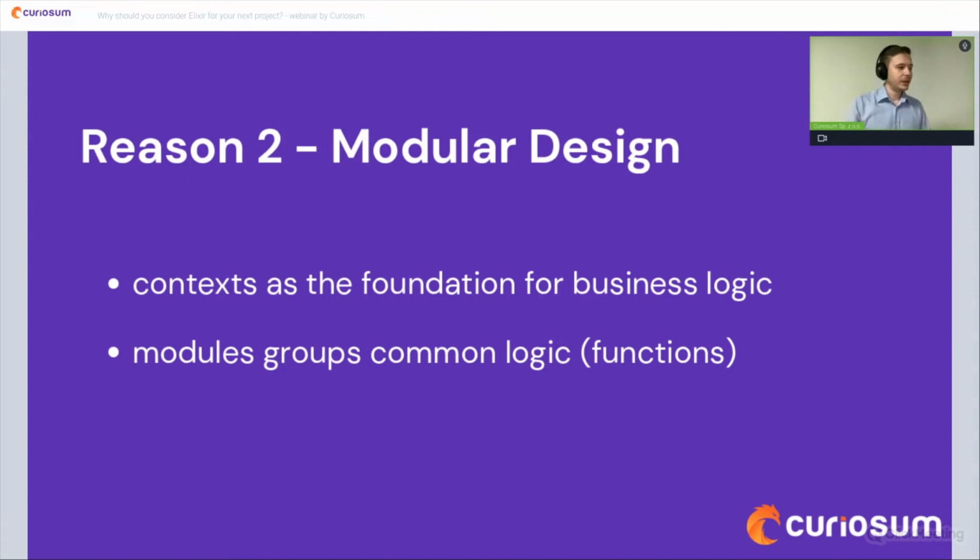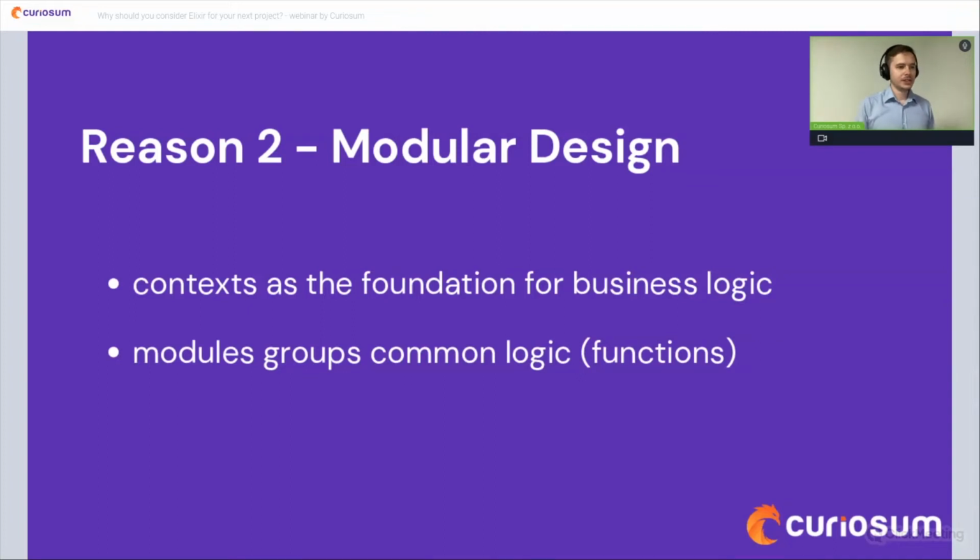Okay, and modular design. Elixir is built in a way that we focus here on something called context. And this is a foundation for a business logic inside of the application.